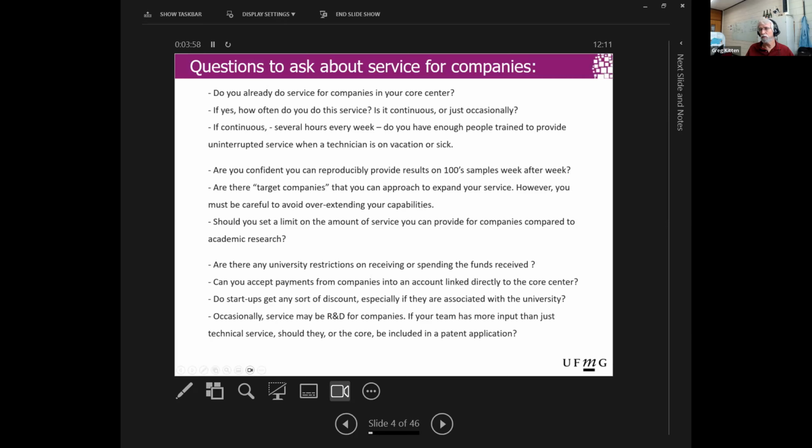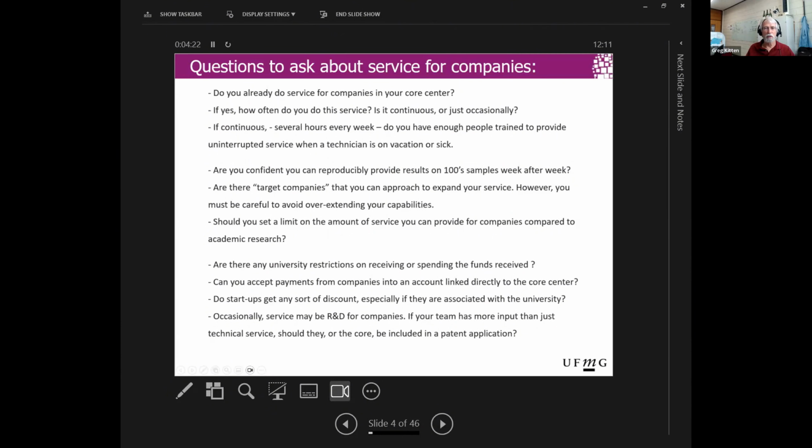How much service should you provide for companies? At the moment, 47% of our time is for companies. What happens if we go over 50%? We have a big discussion about this. How much time should you allow companies to use of what was purchased with university or governmental funds?